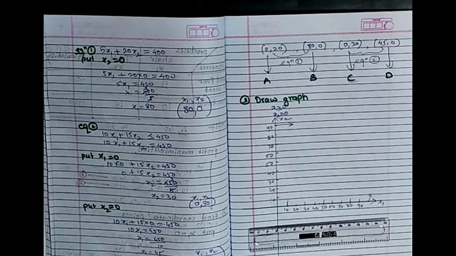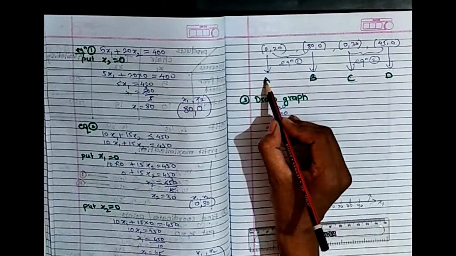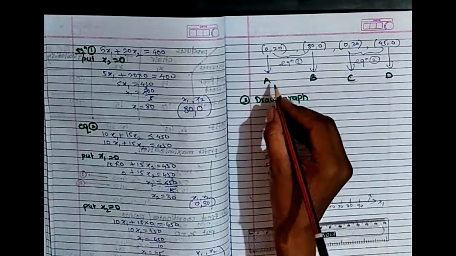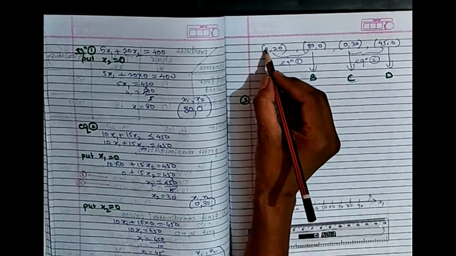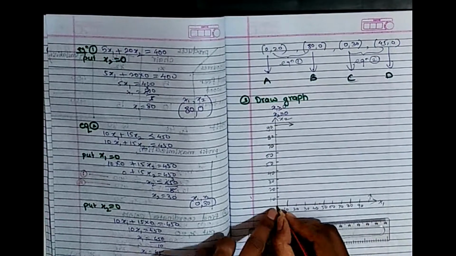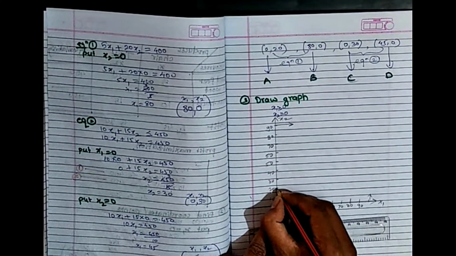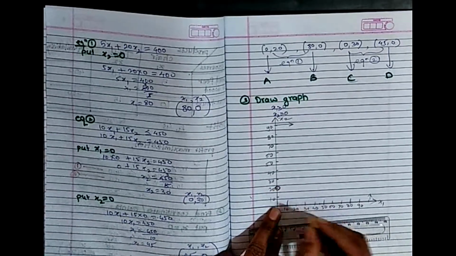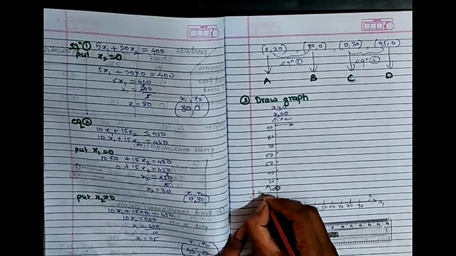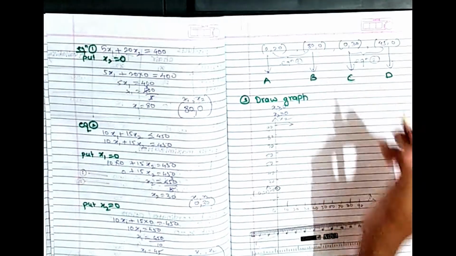So we have to plot these points on the graph. First point is 0, 20: 0 of x1 and 20 of x2. So here is our first point. This is our A point, that is 0, 20. The next point is 80, 0.